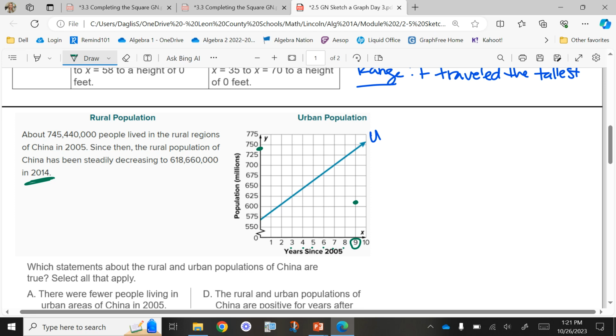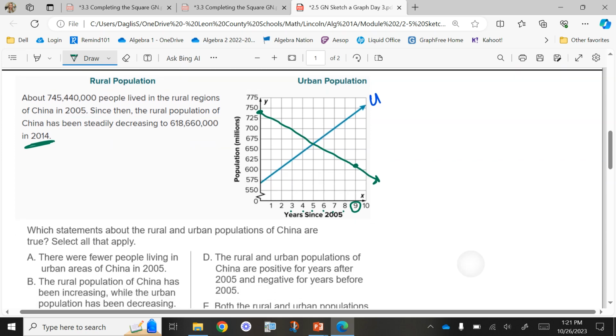So that's why we're looking at 9. And it told me at that point it was about 618 million. So I have a beginning, I have an end. You only need 2 points to make a line, right? So let's connect these. Like this.